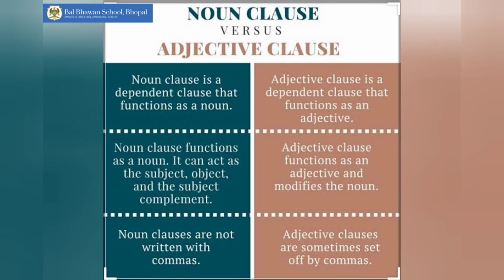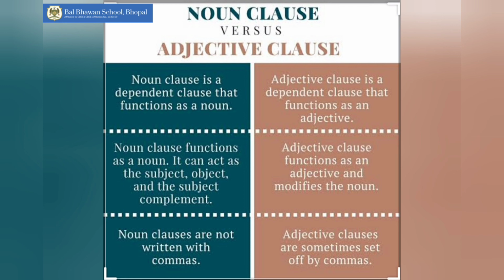So we can easily distinguish between the noun clause and the adjective clause if we look at the table given here. A noun clause is a dependent clause that functions as a noun. An adjective clause is a dependent clause that functions as an adjective.